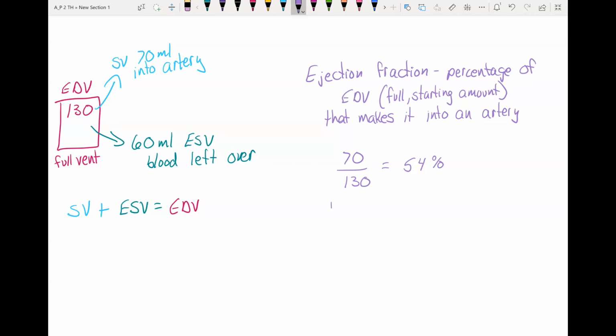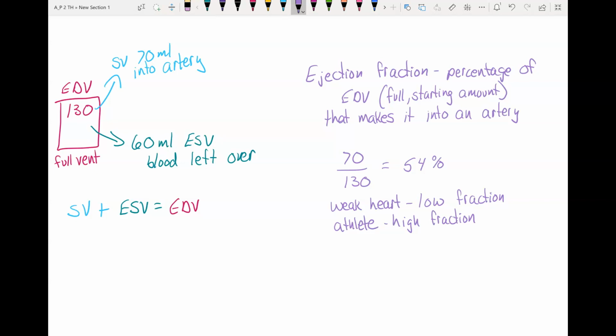So somebody who has a weak heart, like if they have heart disease, they're going to have a low ejection fraction. Somebody who's like an athlete, remember before we talked about how an athlete can have a really low heart rate, like in the 40s, because their heart is so strong and efficient, they're going to have a high fraction.